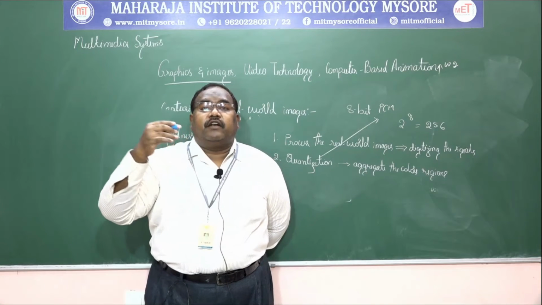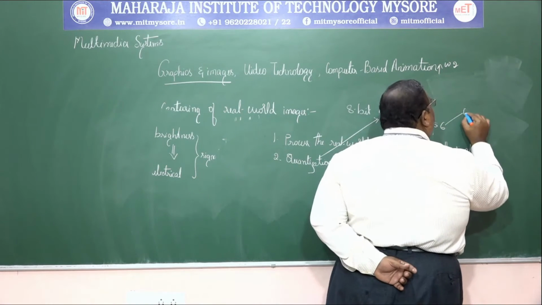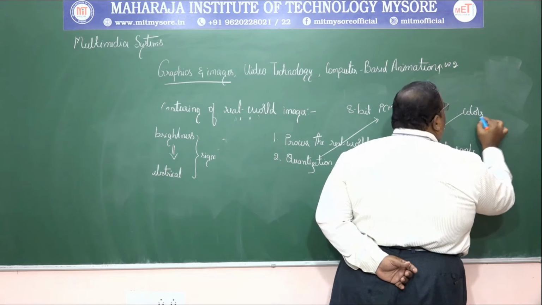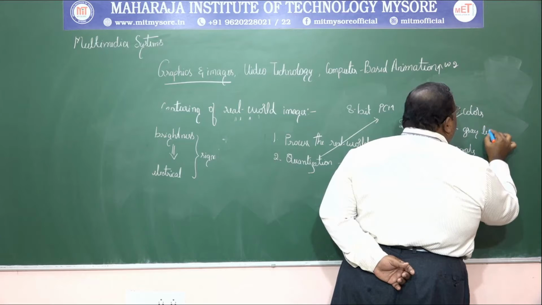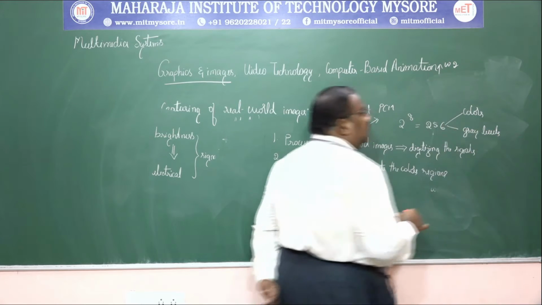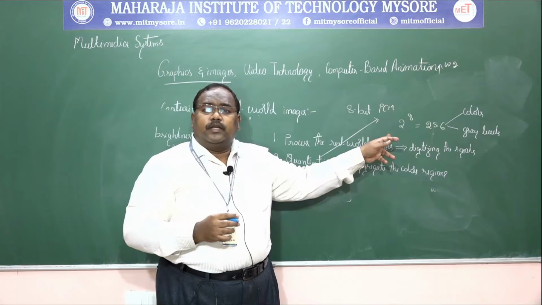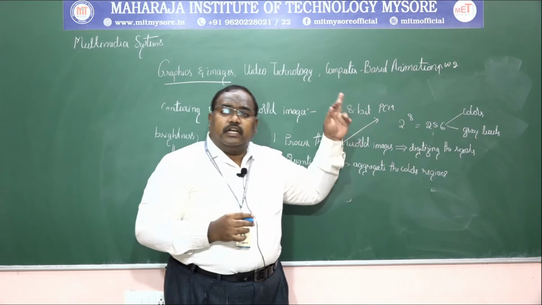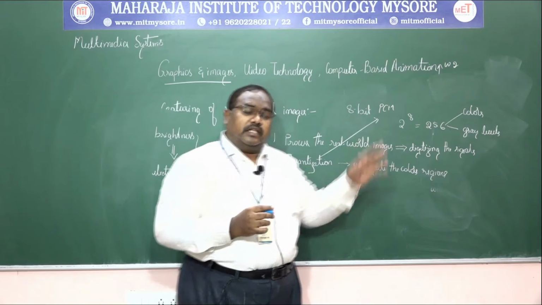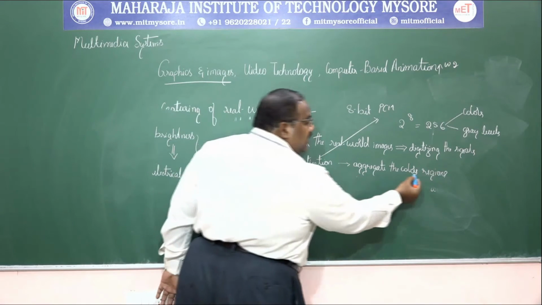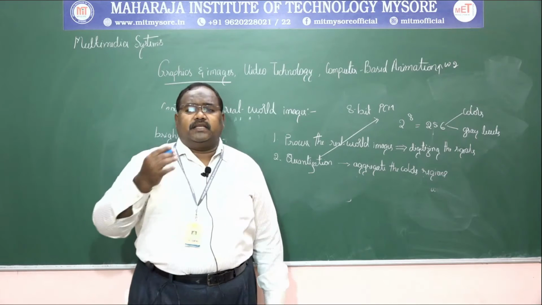It might be different colors, or even it might be gray levels. Now I think the things are very clear. It can be used with respect to 256 different colors or 256 different gray levels. That's why we need to aggregate the different color regions, as per the pixel.